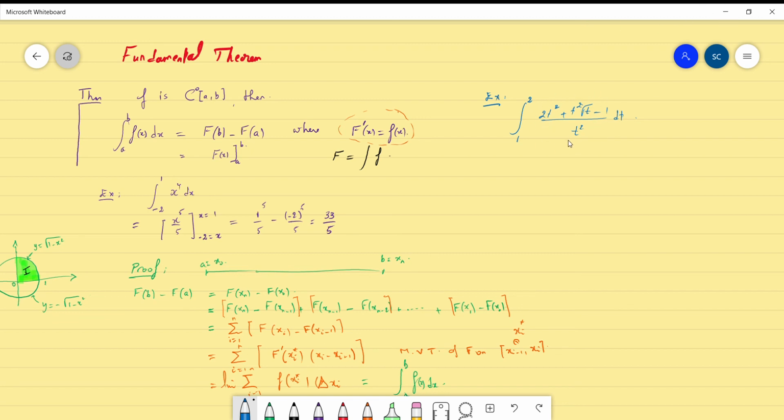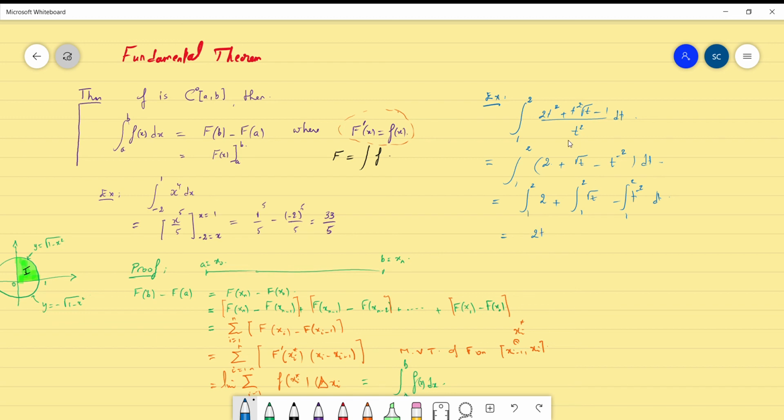So I can divide by t squared, simplify and get something like that. And now I see I can use operations on integrals. Okay, and then find the antiderivative for each of the functions.